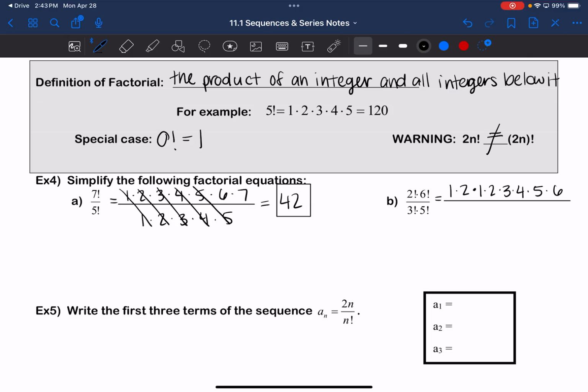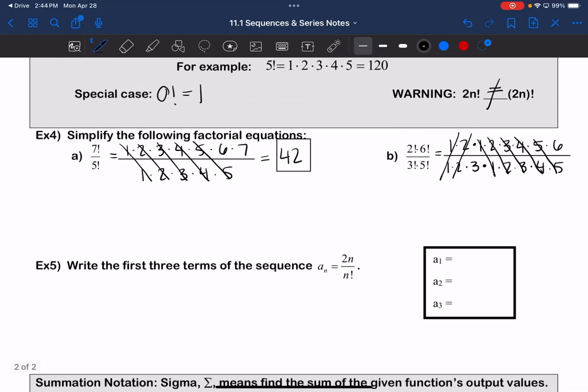And then in the denominator, we've got 3 factorial, which would mean 1 times 2 times 3, times 5 factorial, which would mean 1 times 2 times 3 times 4 times 5. Okay? And again, I've got some things that will cross out. 1 and 2 cross out here. We've got 1, 2, 3, 4, and 5 that cross out over here.